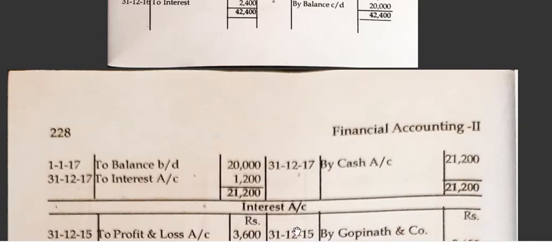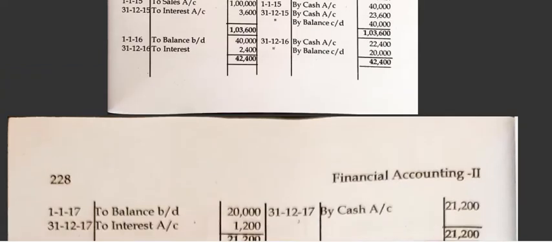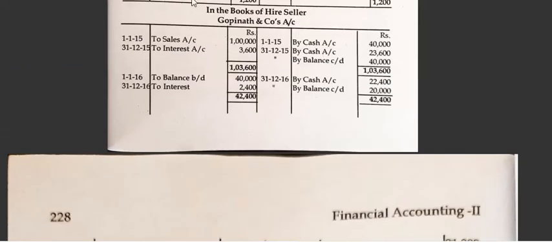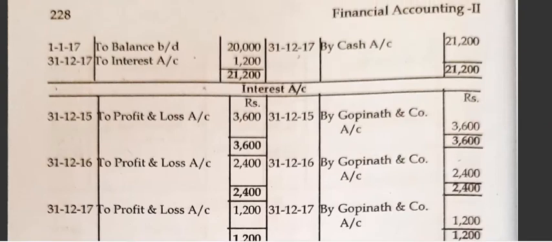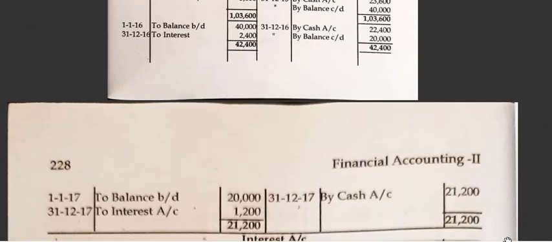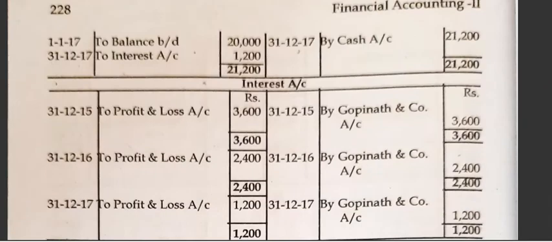Then the interest account you have to check. Now wherever you have written to interest, it means by Gopinath company account, so by Gopinath company account 3,600. Balance transferred to profit and loss account. Every year you have to transfer to profit and loss account. Here also in 2016 if you check, there is a to interest, so it will be by Gopinath company account 2,400, to profit and loss account 2,400.